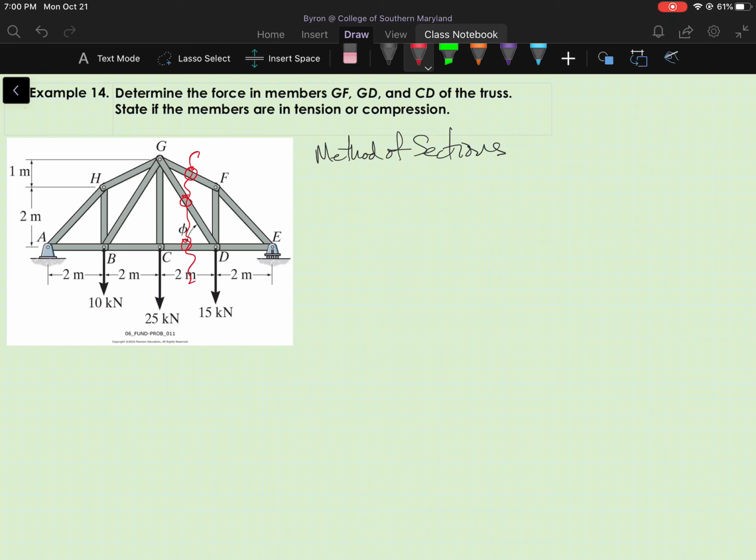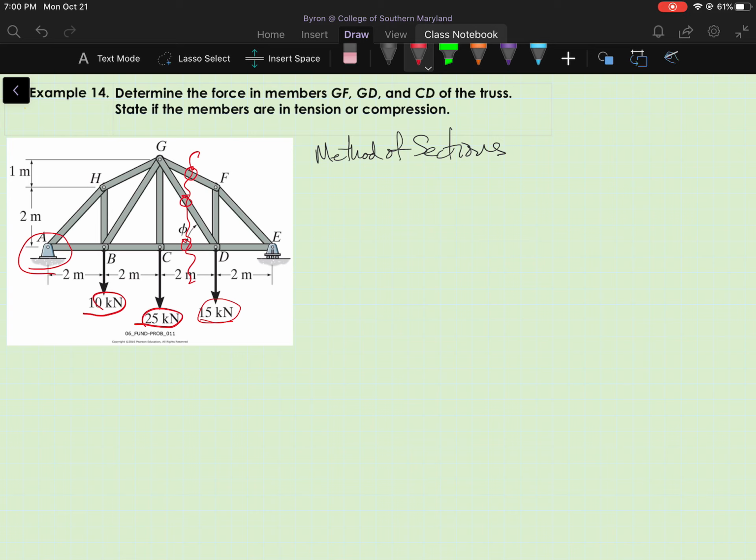So I look at the right side of the cut and the left side of the cut, and I see that on the left side I'm going to have two unknowns at A, potentially the x and y components of the reaction force at A. I've got two forces on that side, whereas on the right side I'm going to have a vertical reaction force at E and just one applied load.